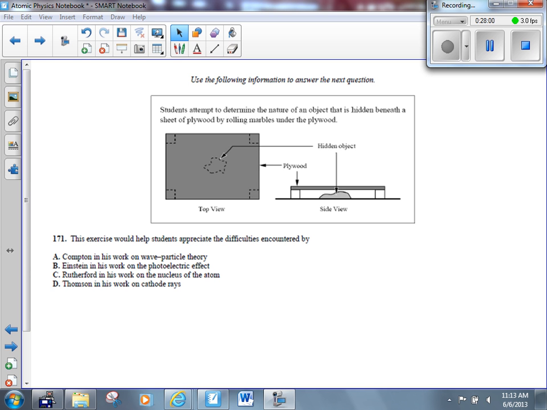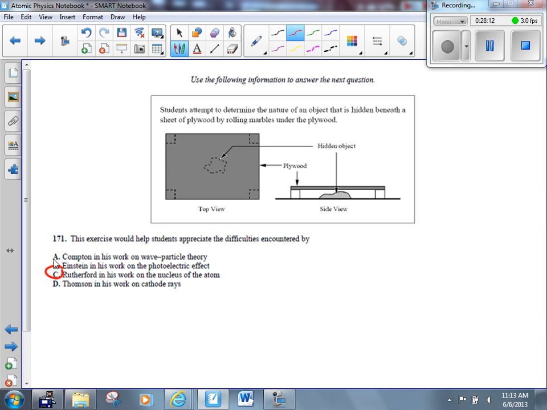I mean, you can imagine, in the context of doing this question now, we just finished the Rutherford gold foil experiment. The answer is probably going to be C, and in fact it is. But why is it C? Why is it not Compton? Why is it not Einstein? In the end here, we're trying to find what's inside something without actually being able to see it. How are we doing that? We're firing something, throwing something at this thing and seeing what happens to them.